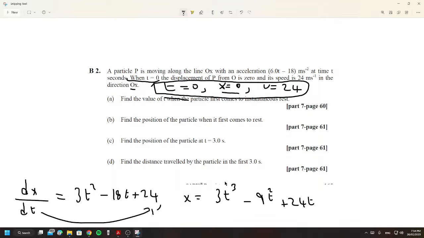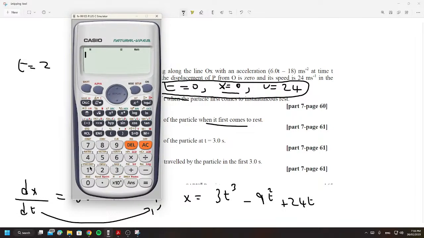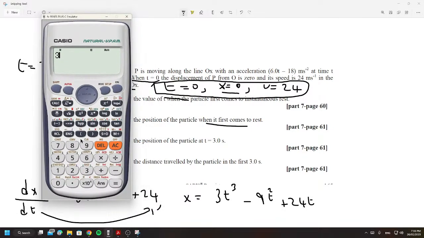And now we substitute when it first comes to rest. We know that the time when it first comes to rest is equal to 2, so we can substitute these into the calculator. So we go 3t cubed minus 9t squared plus 24t, which is 36, which is wrong.